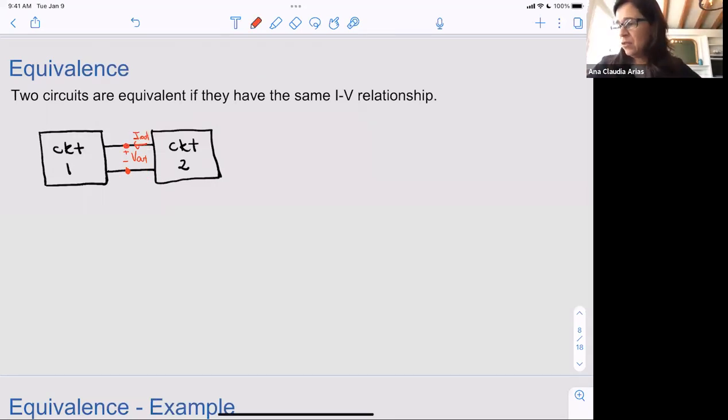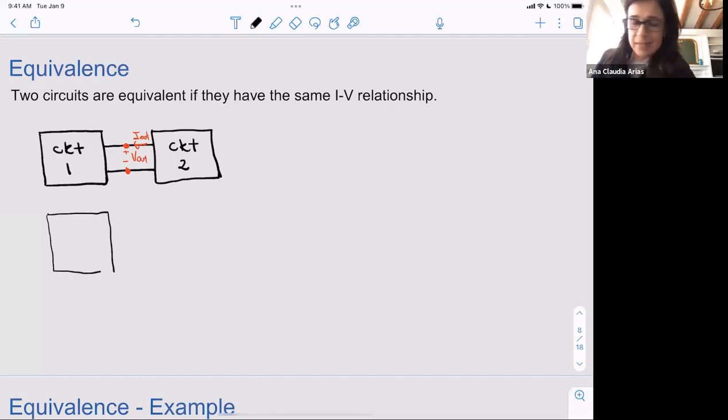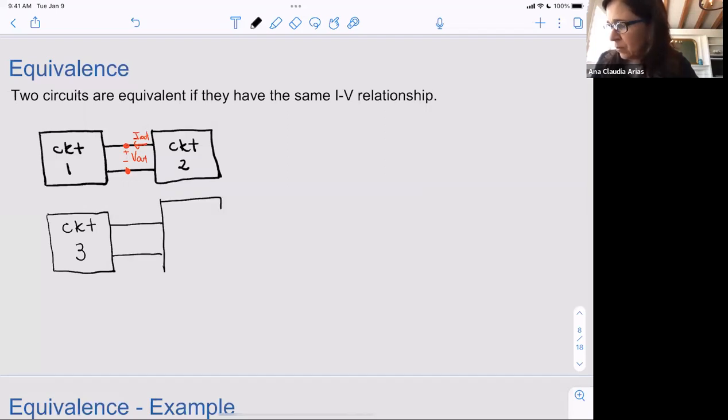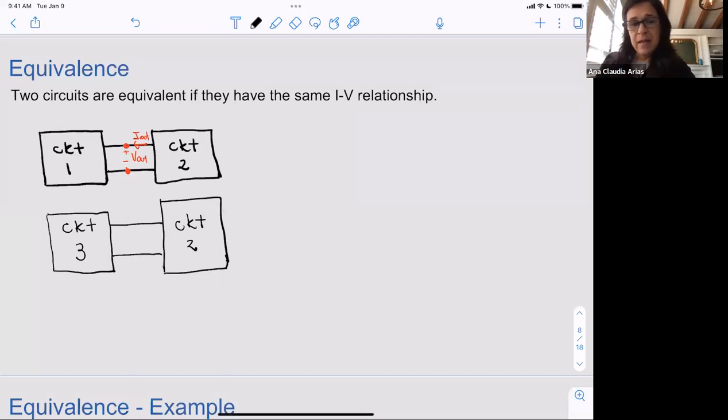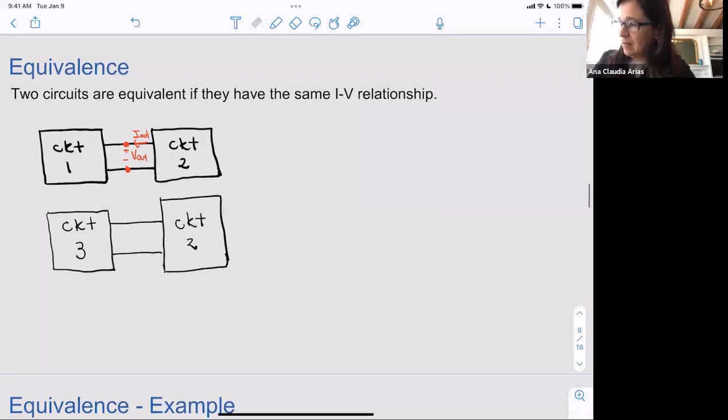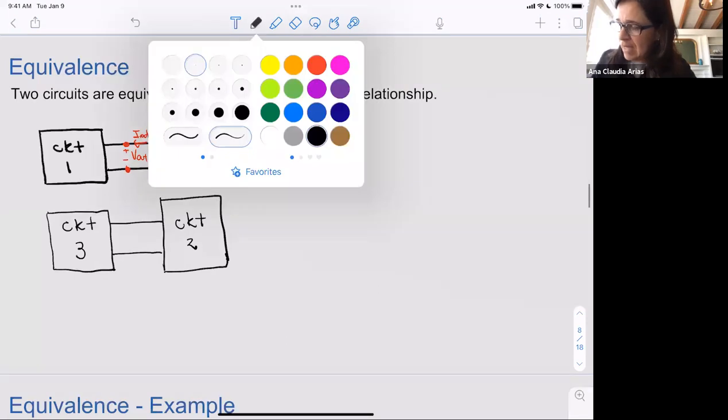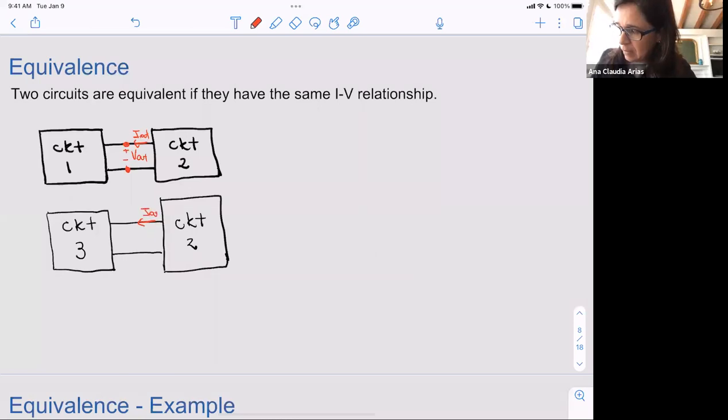The only thing that you have to do is to make sure that when you do your second round of optimization of your design, and you're building your circuit to connect with the load or with the next block that you were told to connect, circuit 2, as far as circuit 2 is concerned, this I out and this V out here is exactly the same. And then things don't need to be changed in circuit 2.